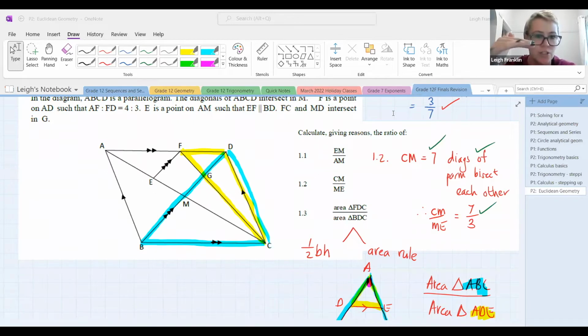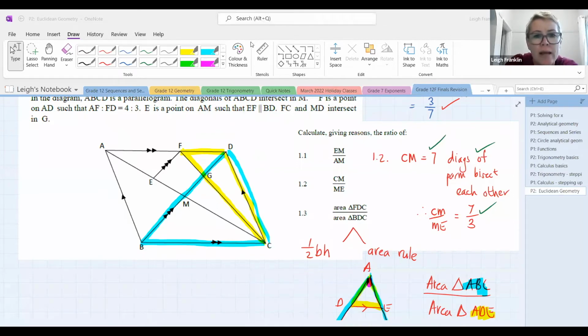That's why they can't touch each other, and why they always run next to each other without touching. So triangles lying between parallel lines have the same perpendicular height.